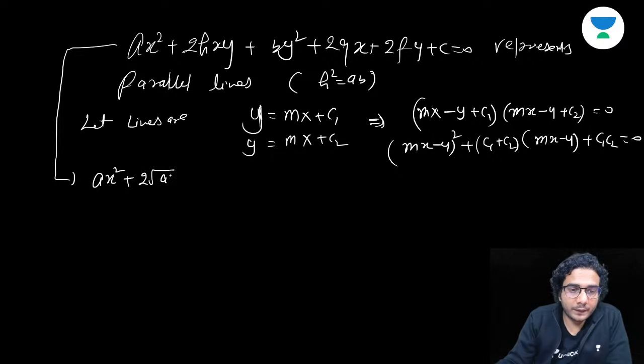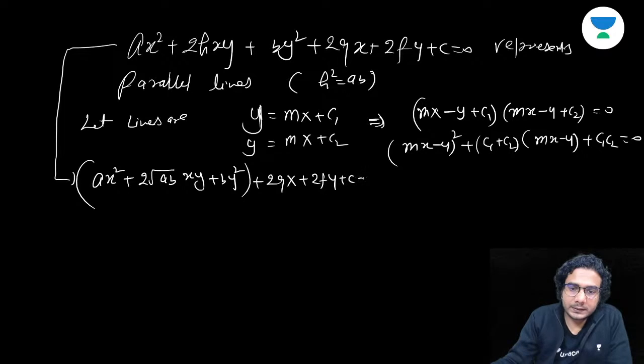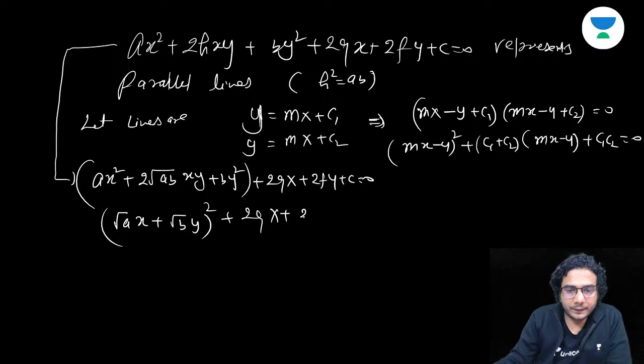So 2 under root of ab, it can be plus or minus, xy plus b y square, because this part is a perfect square, plus 2gx plus 2fy plus c is equal to 0. And this can be written as root a x plus root b y the whole square plus 2gx plus 2fy plus c is equal to 0.